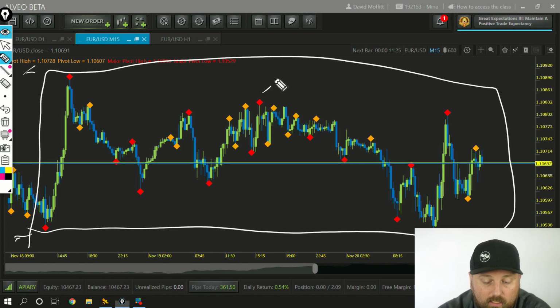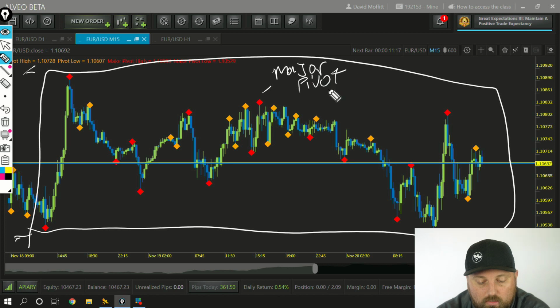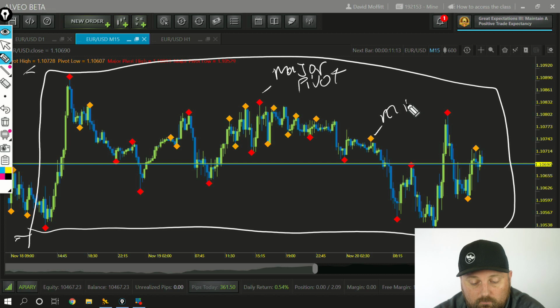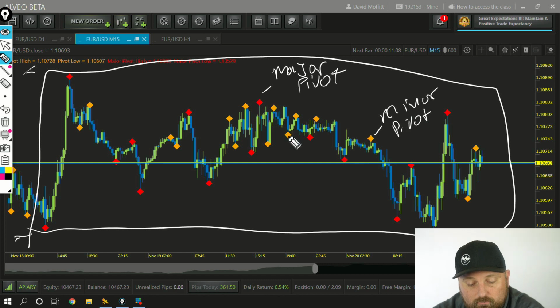Now, the difference between the orange pivots and the red pivots is just movement. Red basically means that you're going to get a stronger move. So this is a major pivot, and this is a medium or minor. And you can certainly have a bunch of oranges before you get a red.